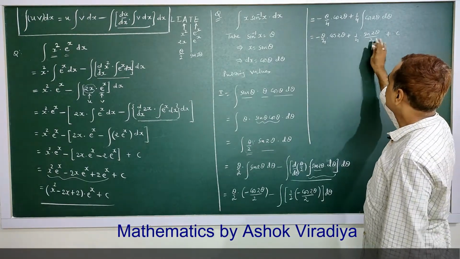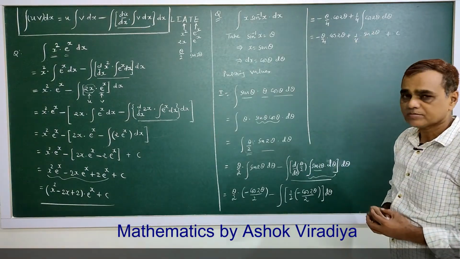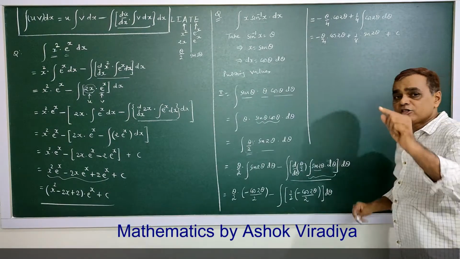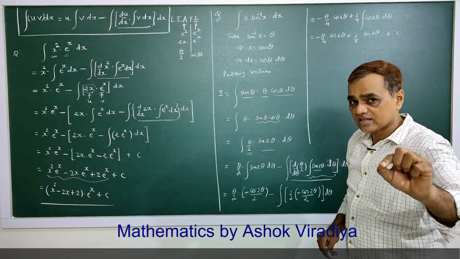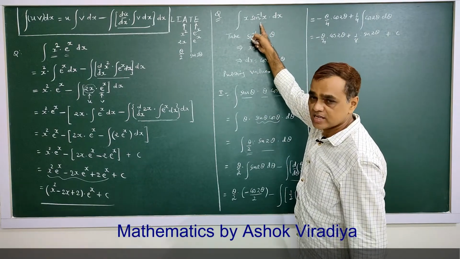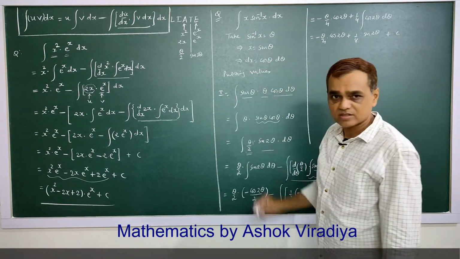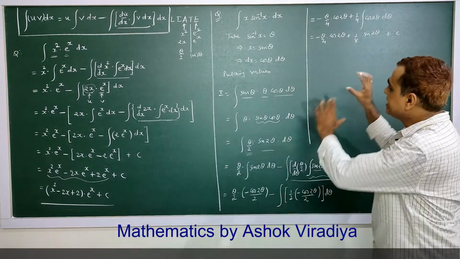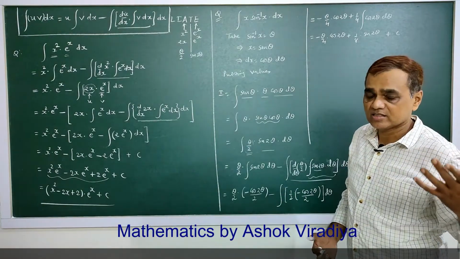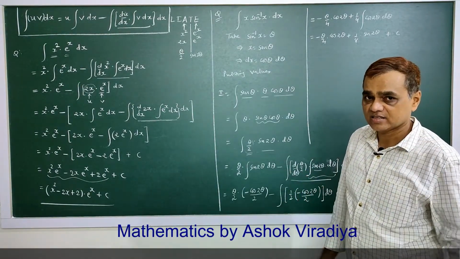Joining 4 and 2, 4 into 2 is 8. Now this integral is in terms of theta and the function is in terms of x. Here we have changed the variable by this substitution. So this integral should be converted into the original variable. So we have to come back in x.